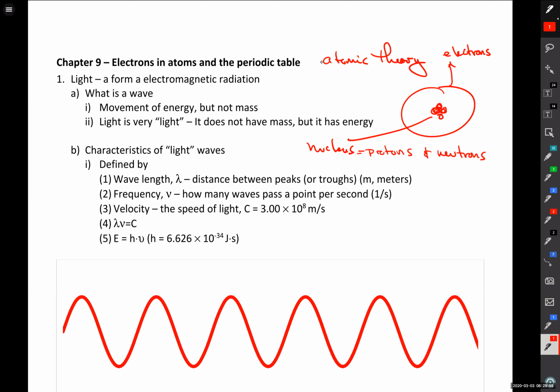Let me ask you a question. Survey, think in your head. Are electrons like matter, particles, or are they like light waves? What do you think of electrons as? The answer is yes. Most people think, oh, it's an electron, it has a mass, it's like a particle.